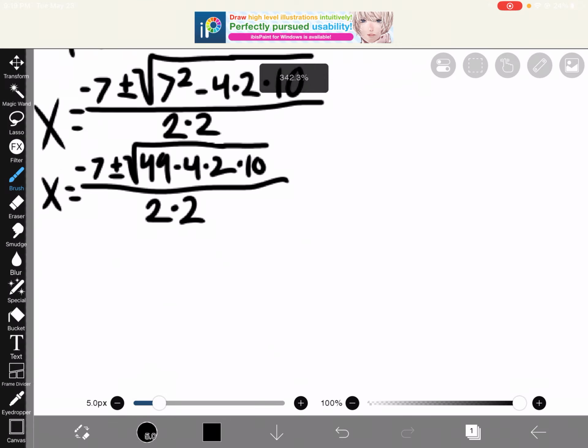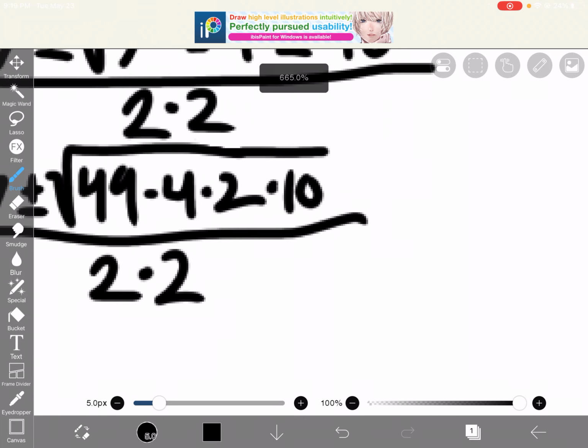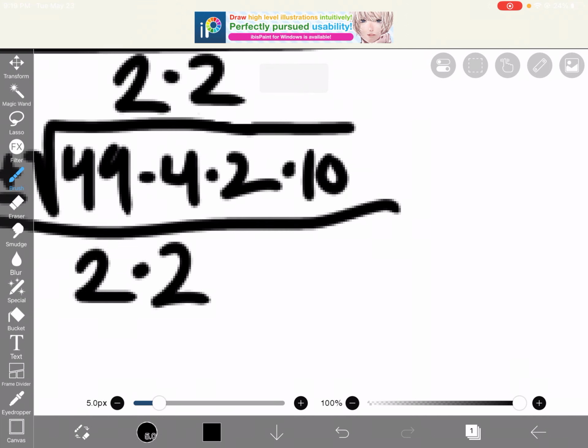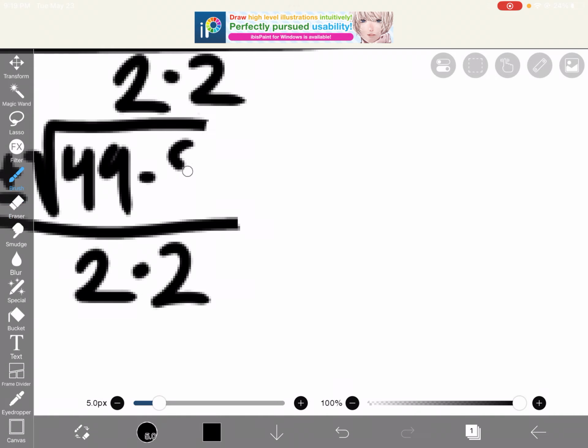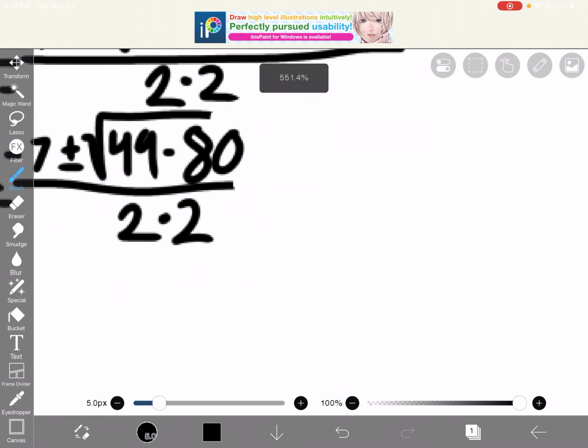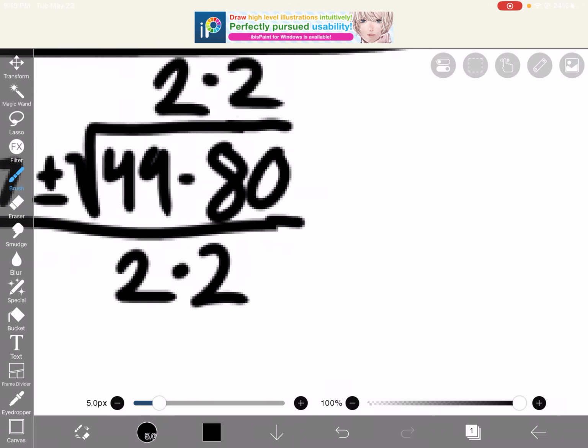And then, here, let's just do it all in this one step. We have to calculate 4 times 2, which is 8, and then 8 times 10, which is 80. So it would be 49 minus 80. And then 2 times 2, of course, that's 4.